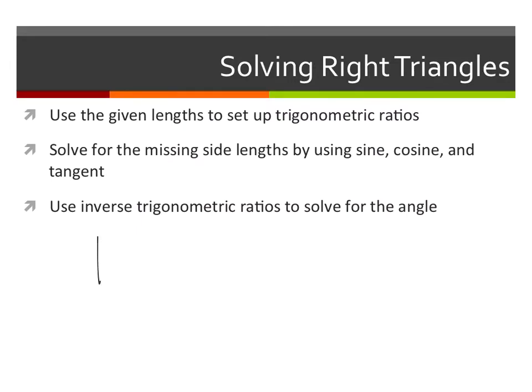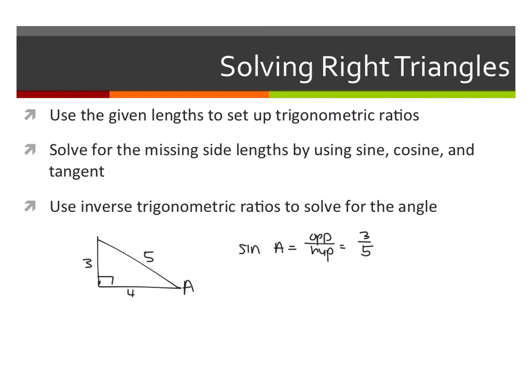Let's have our handy dandy 3, 4, 5 triangle. And this is the angle that we'll talk about. We know sine of A, because it's comparing opposite and hypotenuse, will be 3 over 5, right? Or 0.6.